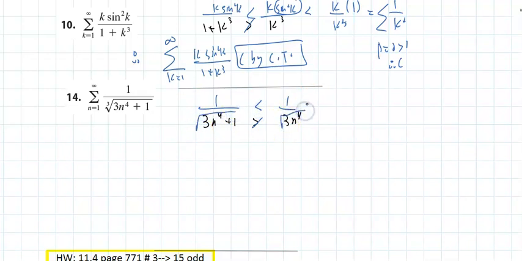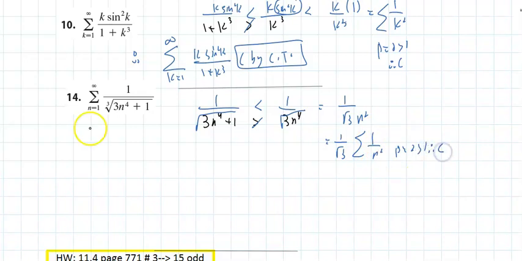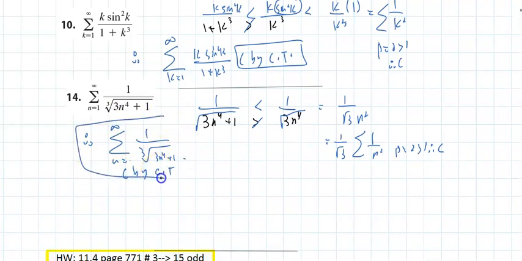And this is 1 over radical 3 times n squared. So if I look at 1 over radical 3 times the series of 1 over n squared, p equals 2, bigger than 1, therefore converge. Therefore, the series n equals 1 to infinity of 1 over cube root of 3n to the 4th plus 1 converges by the comparison test.